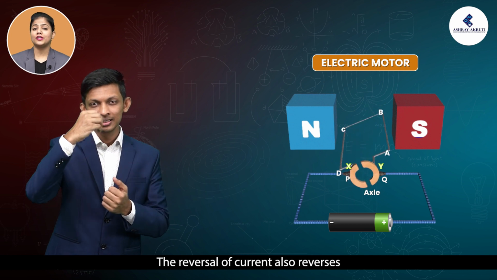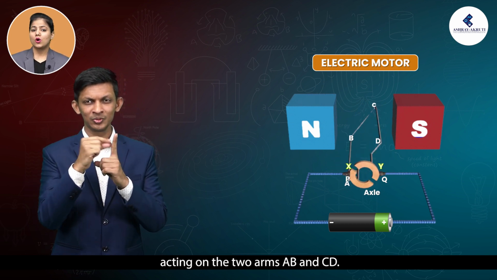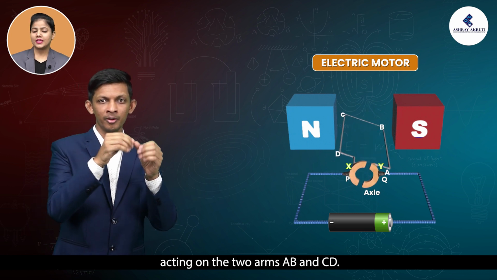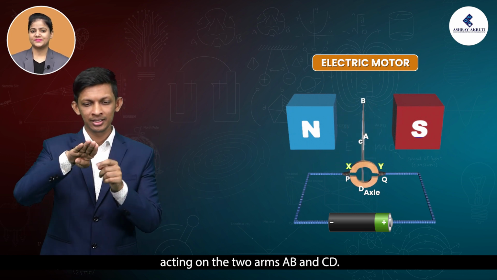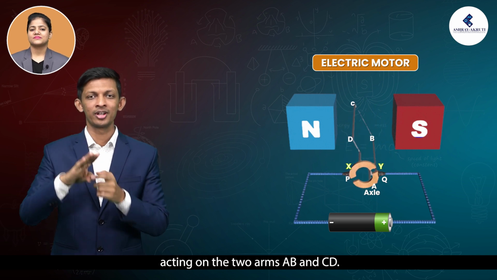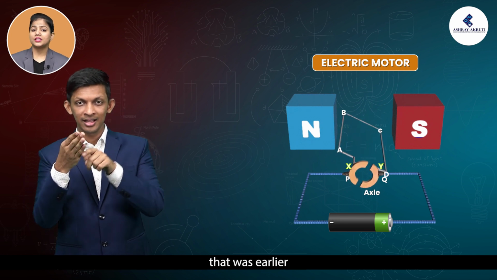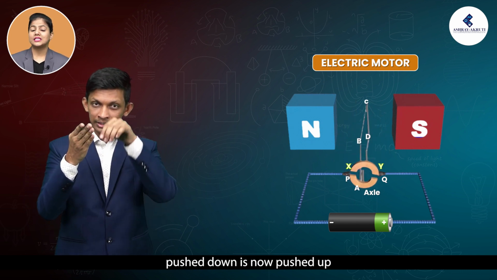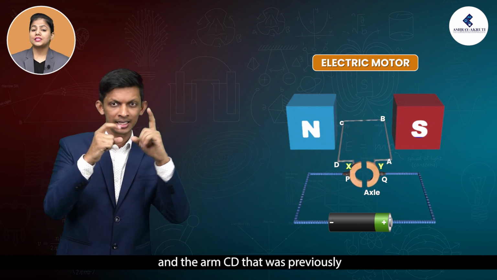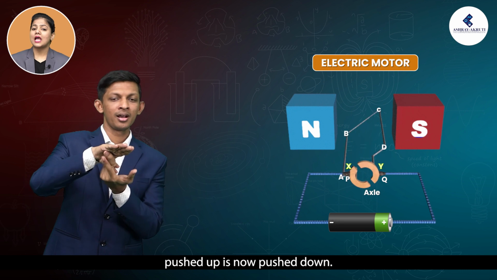The reversal of current also reverses the direction of force acting on the two arms AB and CD. Thus, the arm AB of the coil that was earlier pushed down is now pushed up, and the arm CD that was previously pushed up is now pushed down.